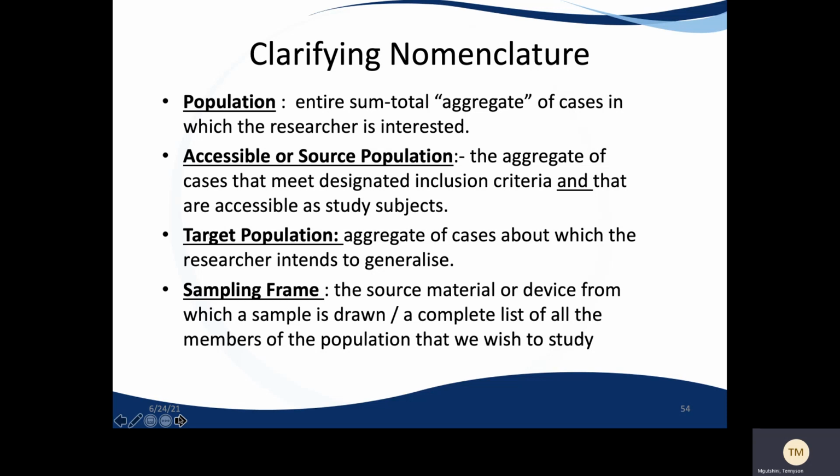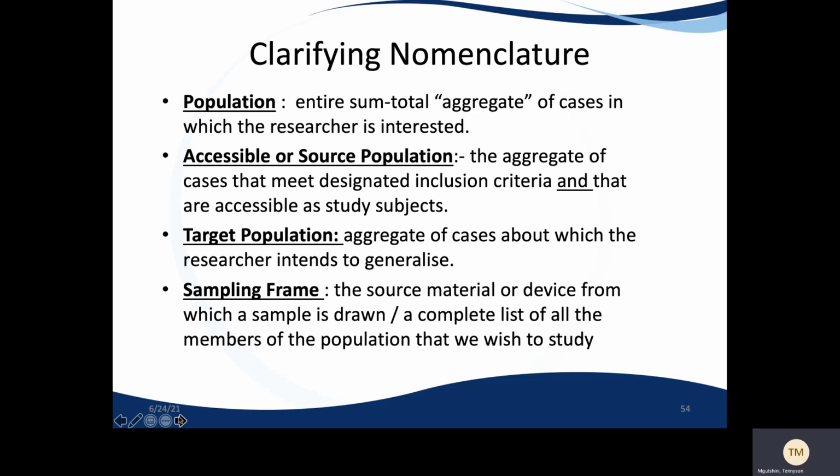So you now can tell the difference between the plain use of the word population versus the accessible or source population. Then, of course, within that group of people that are accessible, there is the specific group that the researcher is interested in.